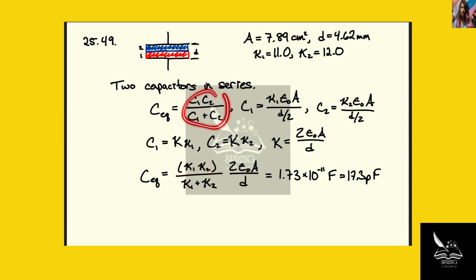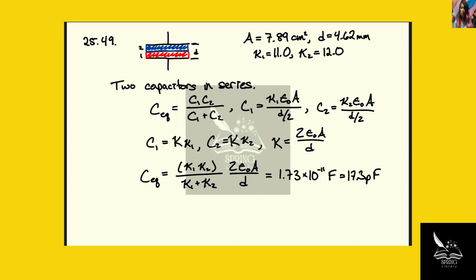That makes sense because it looks a lot like the series formula. Then we have our constant out here, 2 epsilon naught A divided by D, which is this K value. It shouldn't be a surprise that these dielectric constants combine just like the capacitances do.